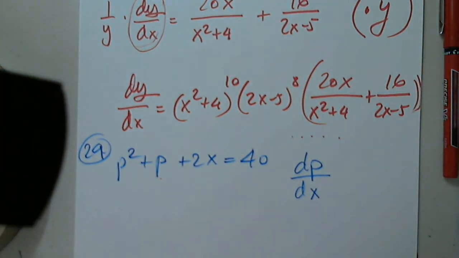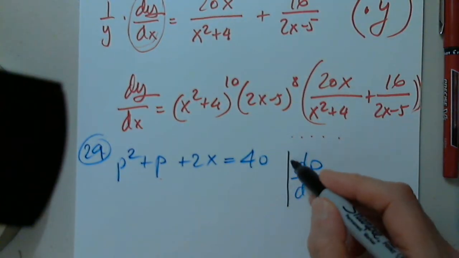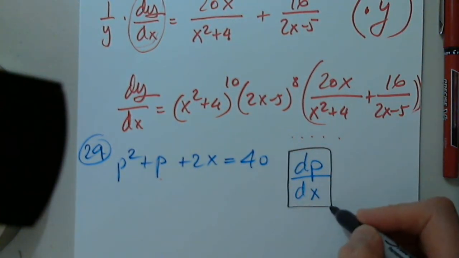What does it say to us? That p is or is not a variable? That p is or is not a function? If I'm asked to find this, what does it say to me?